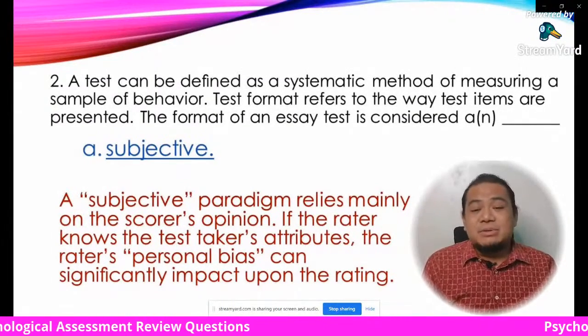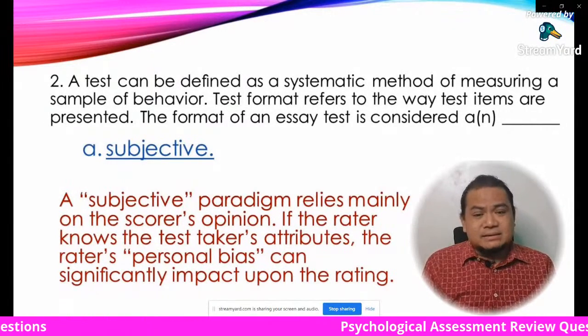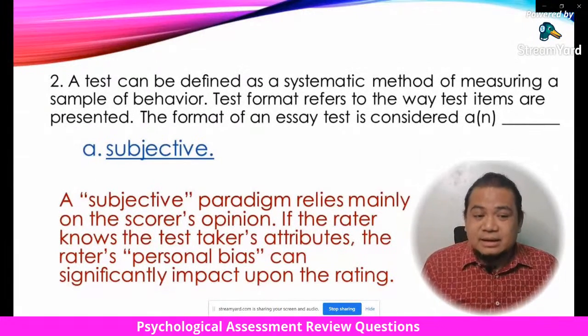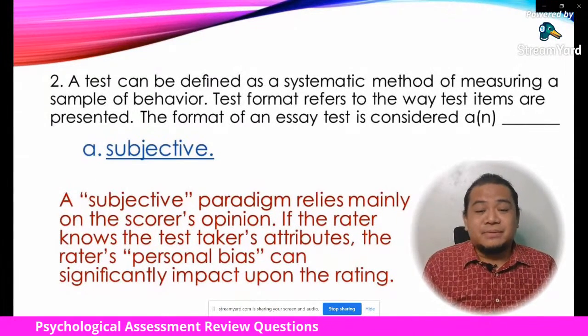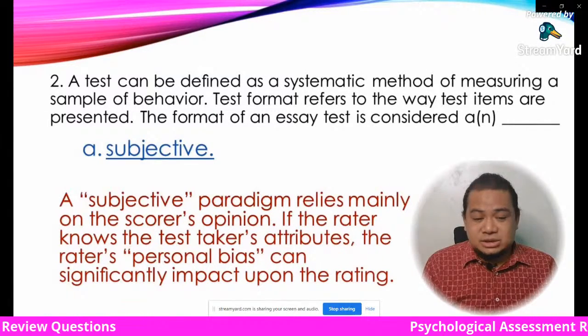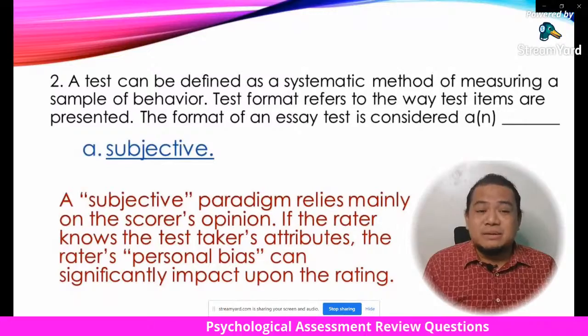This is what we call the halo effect. In a job setting, peers generally rate their colleagues higher than do their supervisors. In an objective test, or choice B, the rater's judgment plays little or no part in the scoring process.